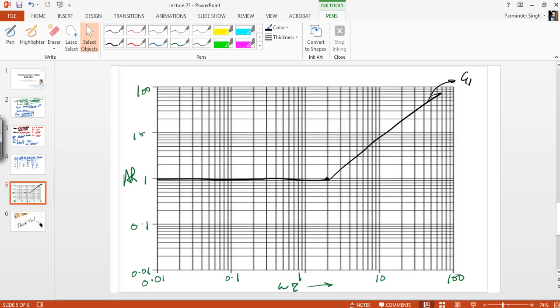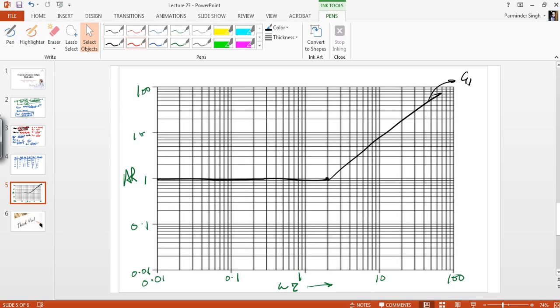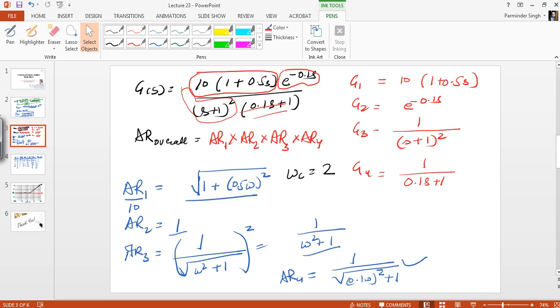Second, AR is equal to 1, so that means for lag, for any value of omega frequency, AR is 1, so it is represented by this red line, a straight line. That is G2. Clear?